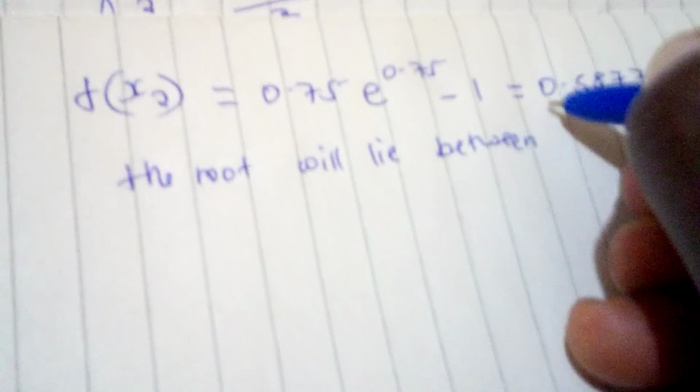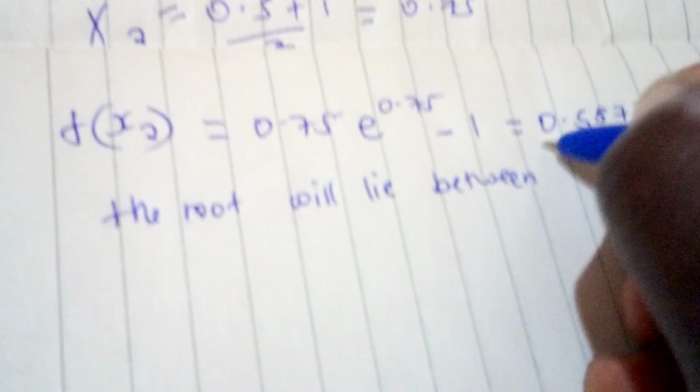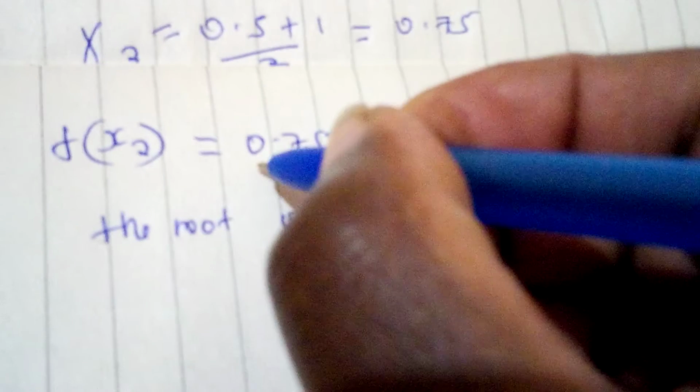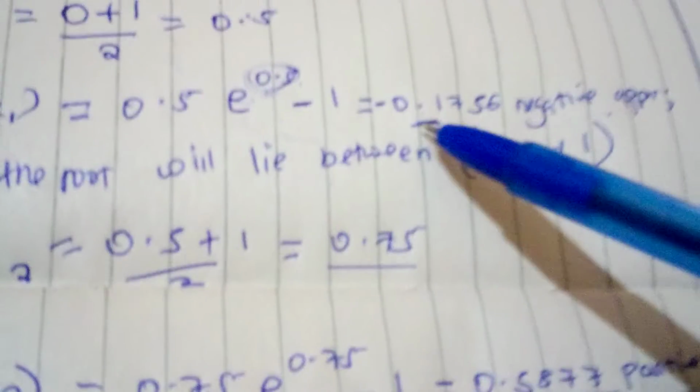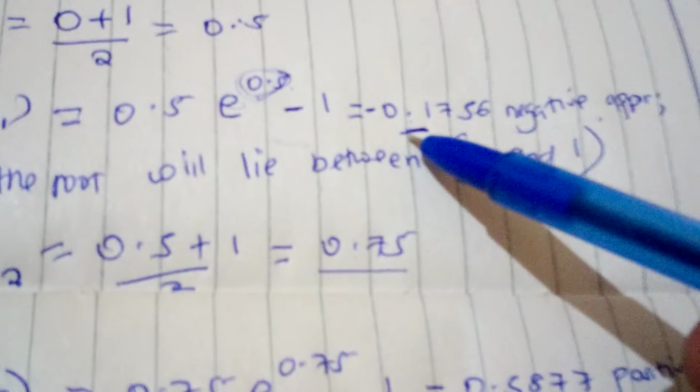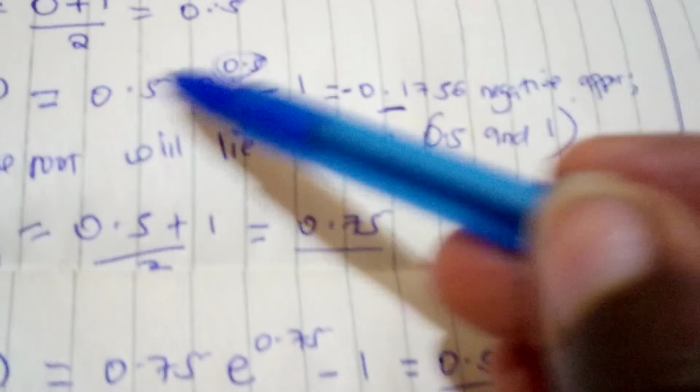So our next root will lie between our positive approximation 0.75 and our immediate negative approximation, which was given by 0.5.